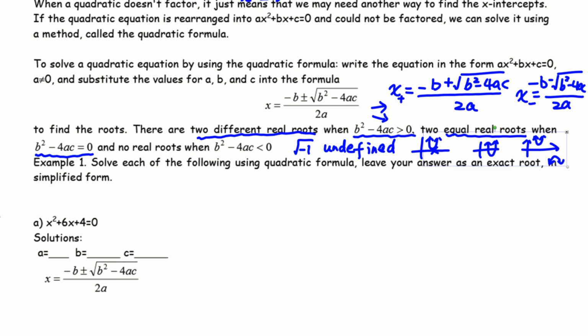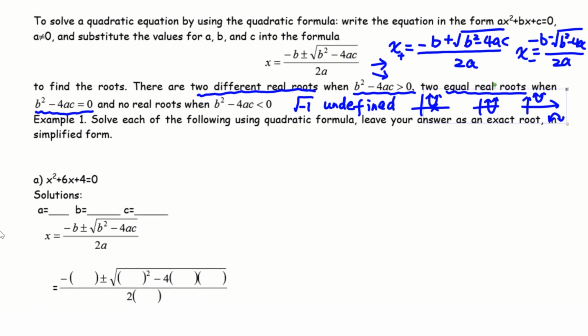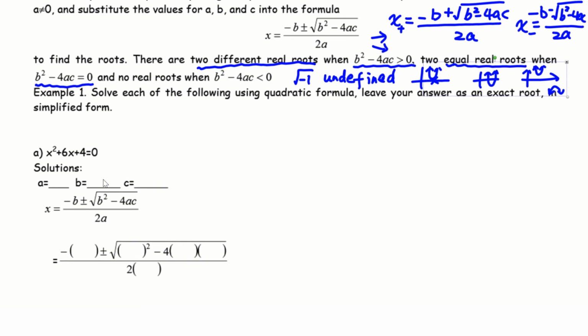So now we are going to practice on using quadratic formula to find the x-intercept. So in order to use quadratic formula, you need to know the a, b, c value from the given equation.